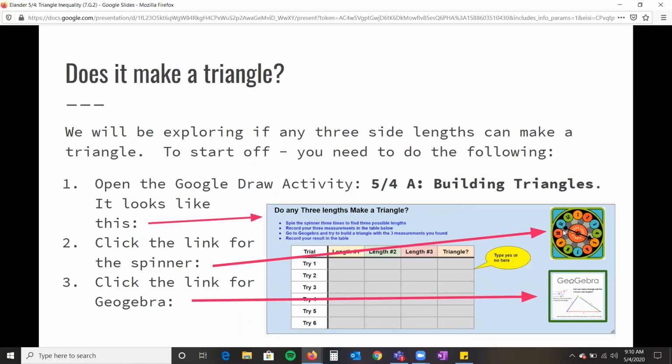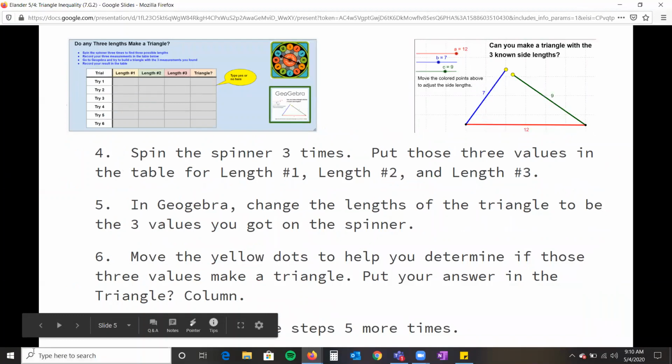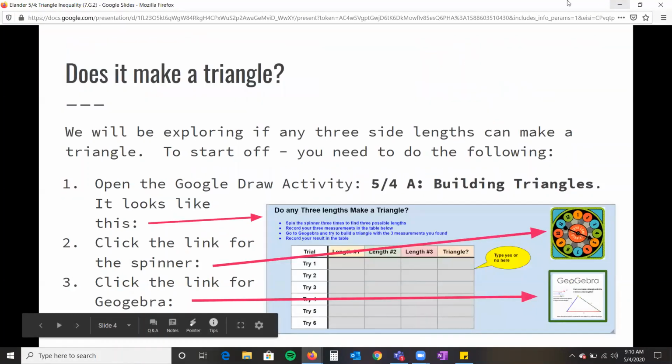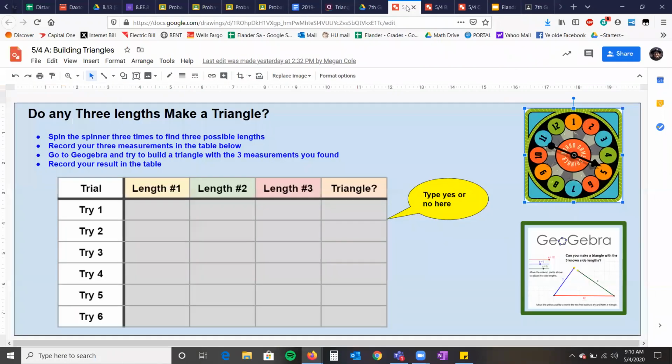So step 2 is to click on the spinner and click on the link for GeoGebra. Okay, so I'm going to do that same thing. So let's say I am right here, 5-4A, building triangles. I click on the spinner, and there's a little link down here.